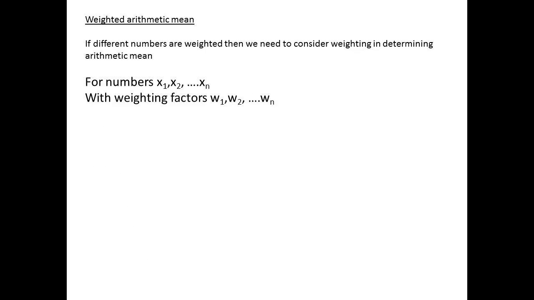There are situations where some numbers have more influence than others, which we can refer to as being weighted. We start with numbers x1, x2, all the way up to xn, and we weight these by w1, w2, all the way up to wn.